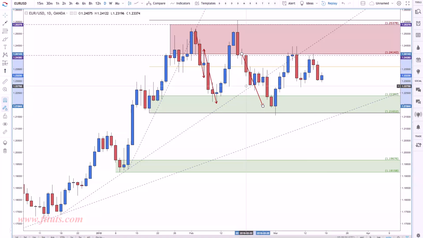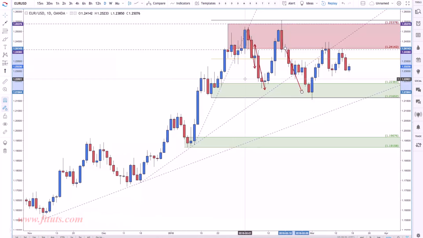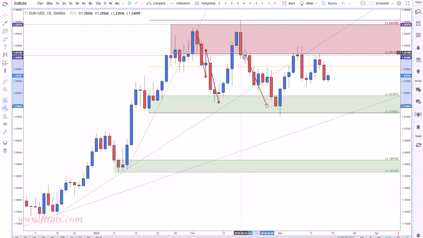And again, that's how I go through looking at levels of supply and demand, and deciding whether to trade a level of supply and demand.